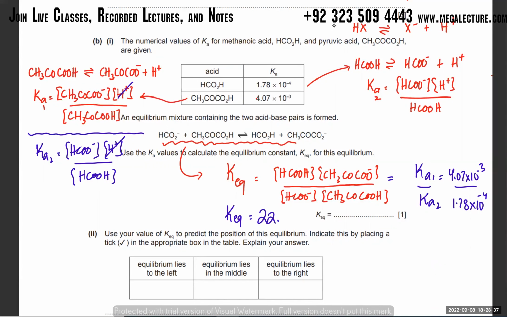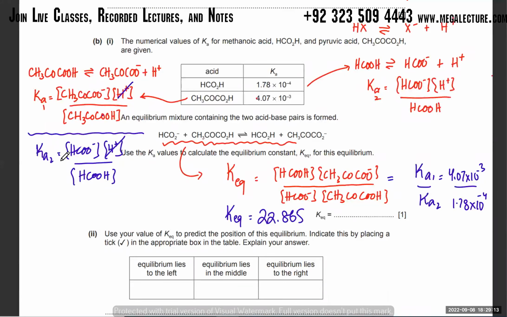So that's kind of a big number. What does that mean? K equilibrium, does it favor the products or the reactants? If you get a big number for the equilibrium constant, that would mean it will favor the products. Sir, shouldn't this 4.07 and 1.78 come on top, according to this? According to what? According to the cancelling you did, dividing equation 1 by equation 2. No, I divided the expression, K1 divided by K2, right?